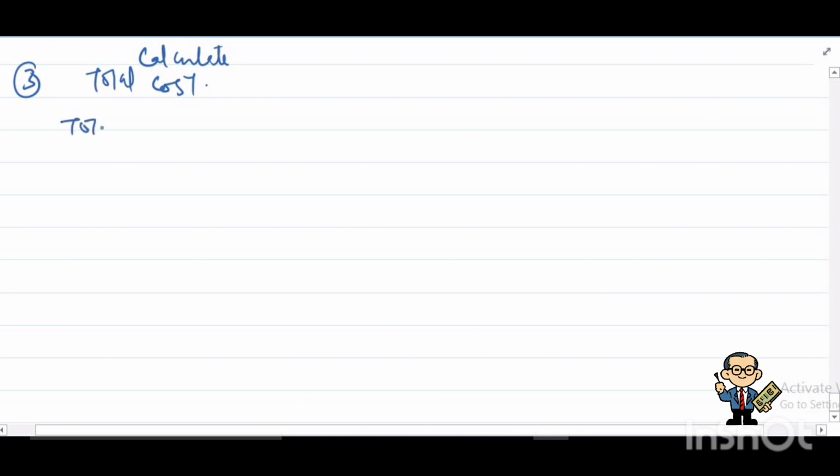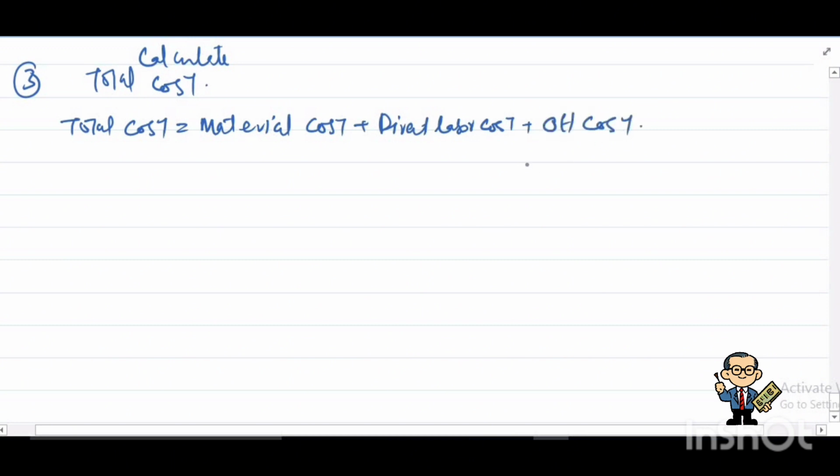Okay, now we have to calculate the total cost, and the total cost is equal to material cost plus direct labor cost plus overhead cost.